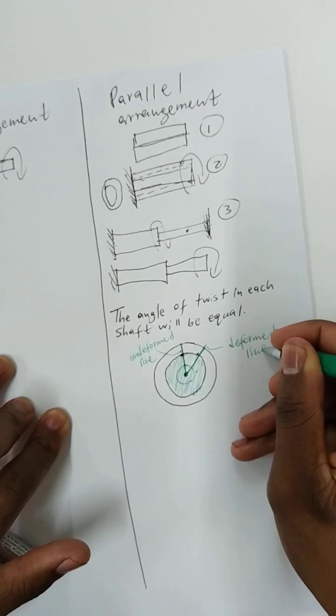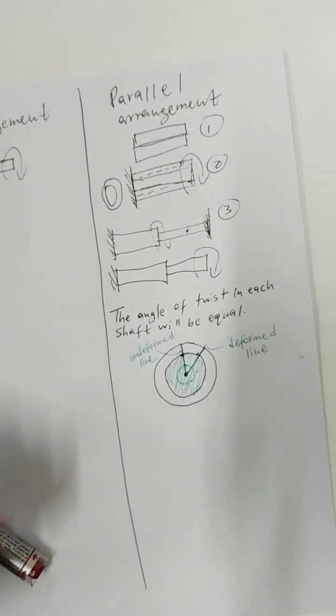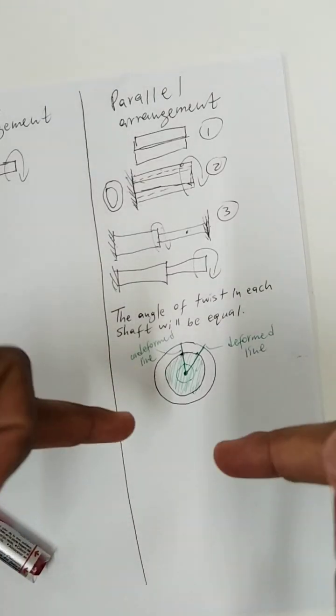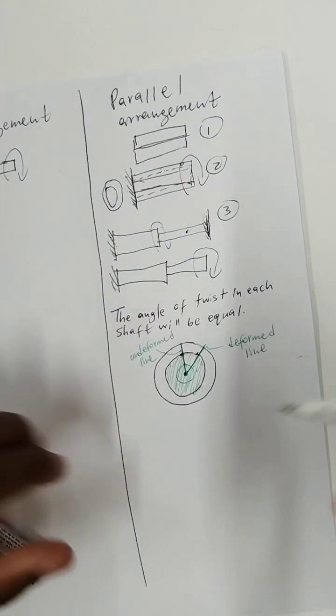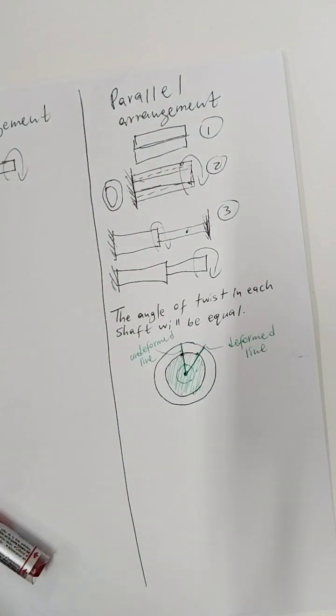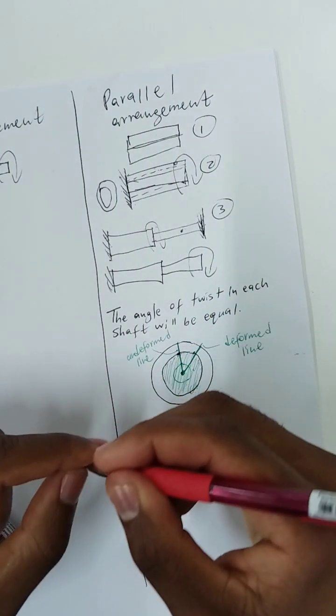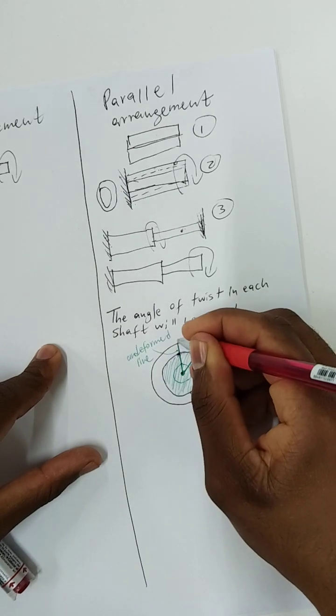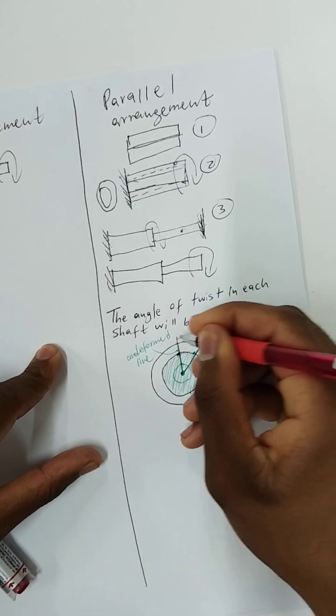So this undeformed line and deformed line, when they meet somewhere there, they will form an angle. So the angle that will be formed there will be the angle called the angle of twist. So this will be the angle of twist.